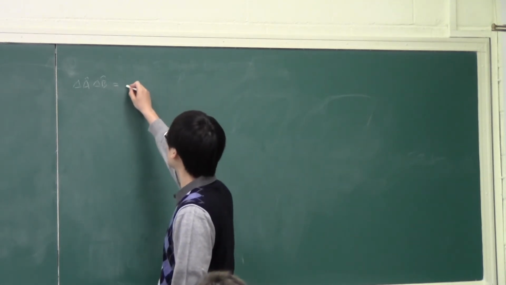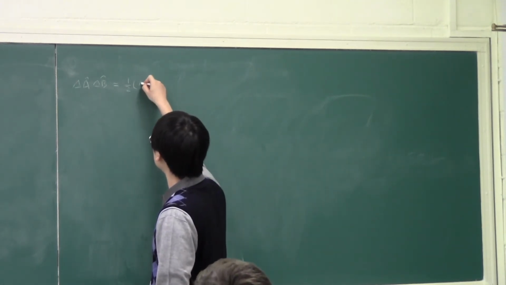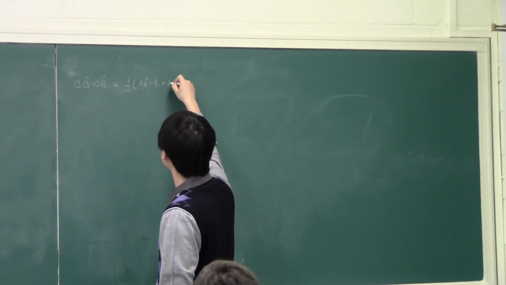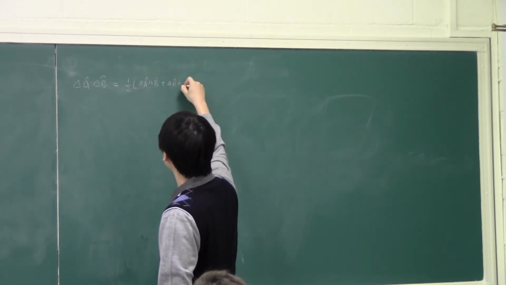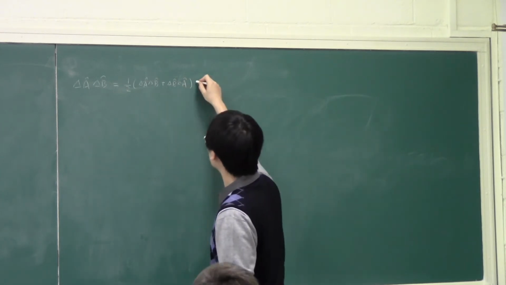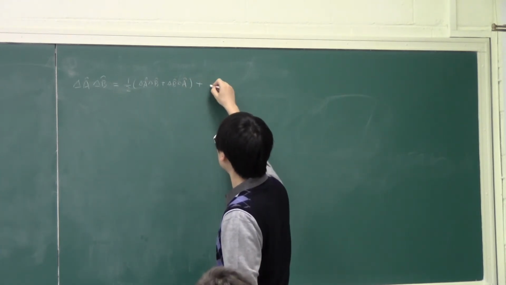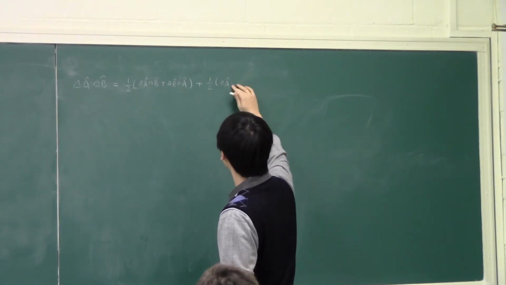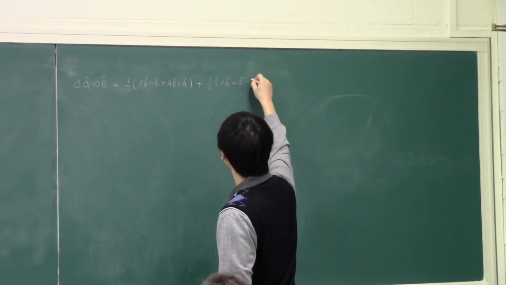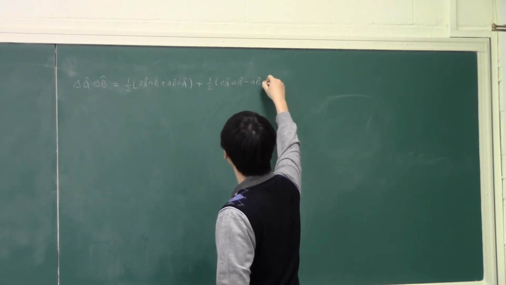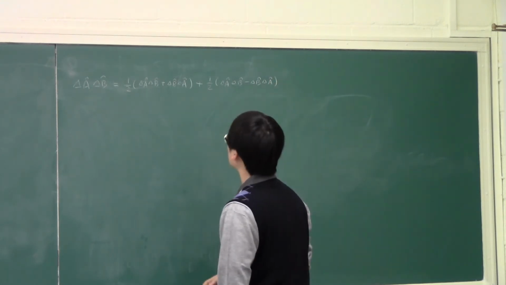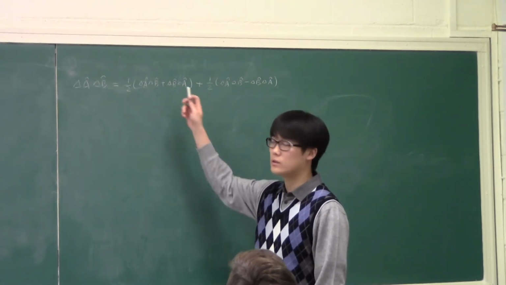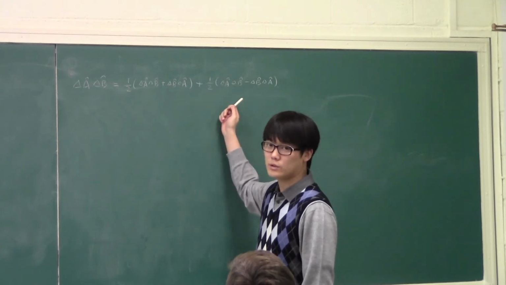I can construct a clearly Hermitian part, and plus a clearly anti-Hermitian part. So everybody clear with why this is Hermitian, this is anti-Hermitian?